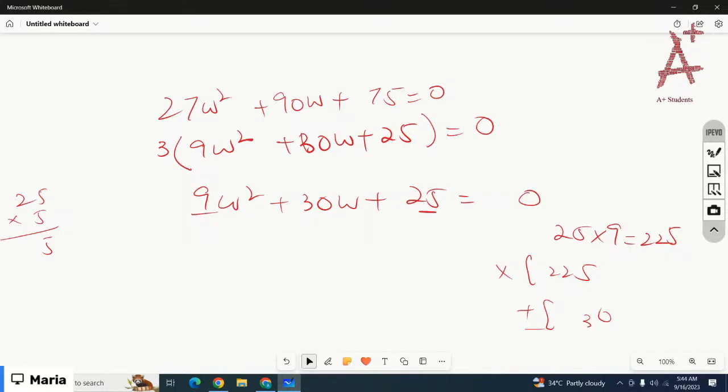No, I think we can use the quadratic formula to solve this equation.